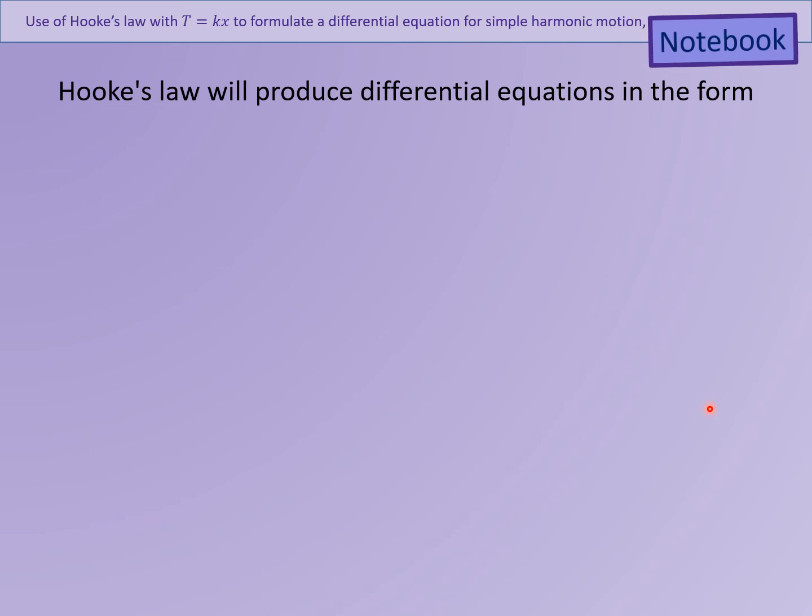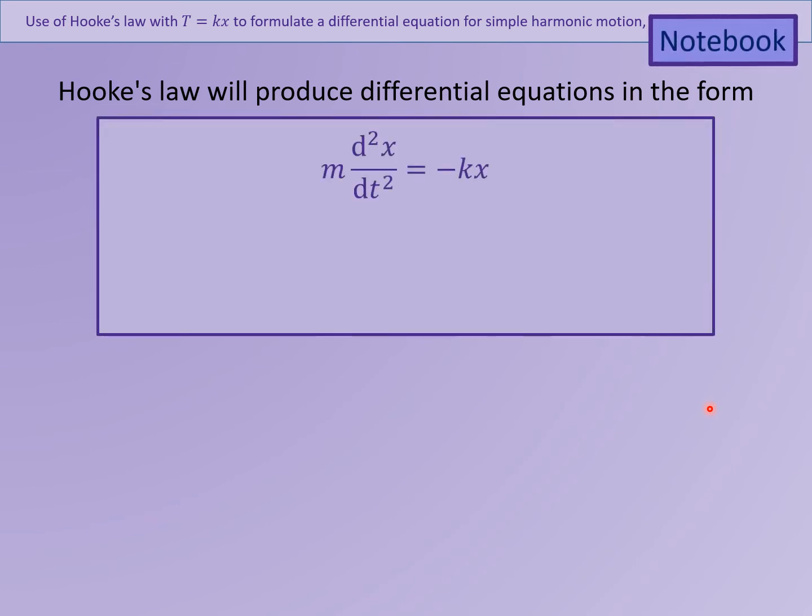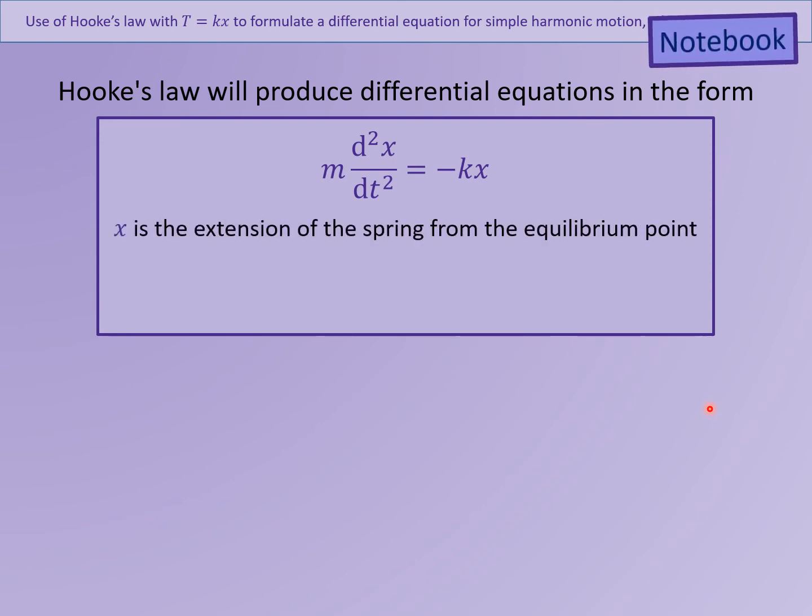So Hooke's law produces differential equations of this form. We just saw that if we put a weight on, then added this extra stretch and allowed it to enter simple harmonic motion, they are linked. Now, x is the extension in the spring from the equilibrium point.